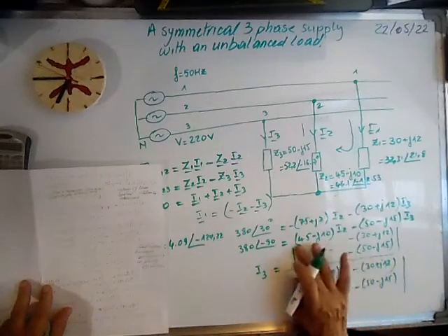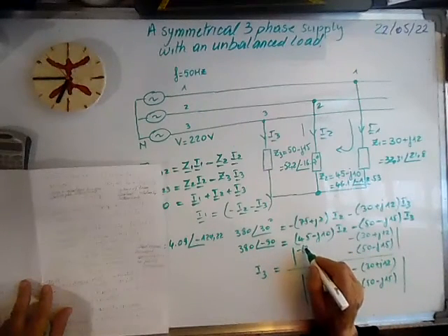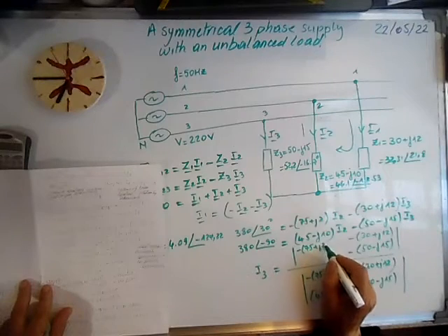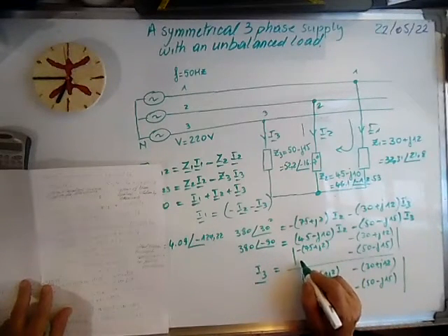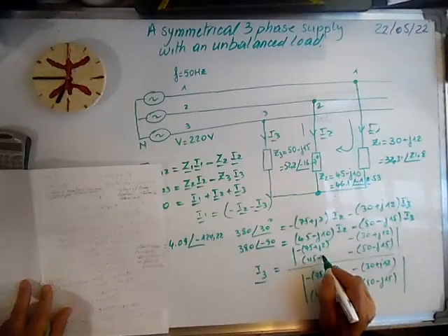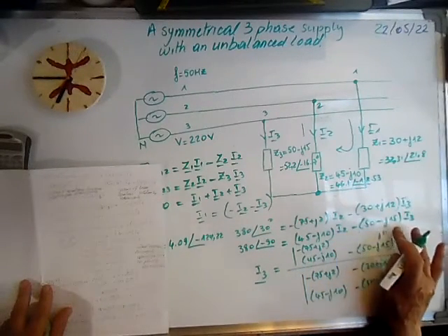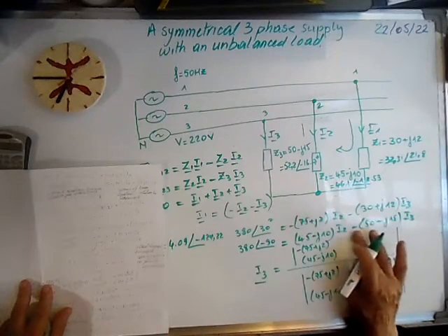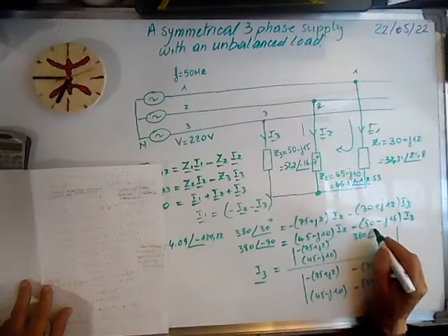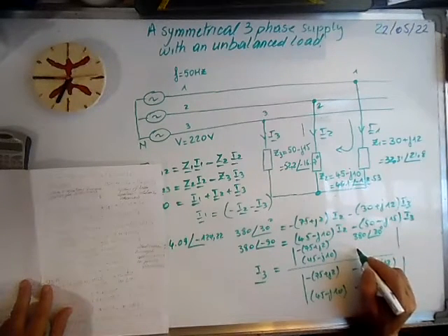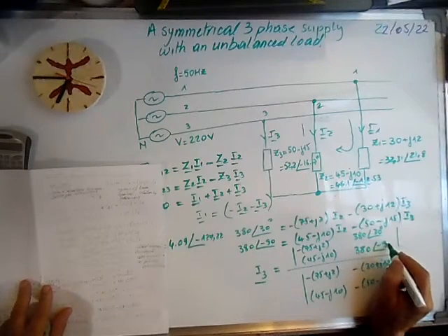This one we will leave here, because we are calculating I3 now. We'll leave 45 here, minus j10, and here we will take the two that are here, 380 ∠30 degrees and 380 ∠-90 degrees.